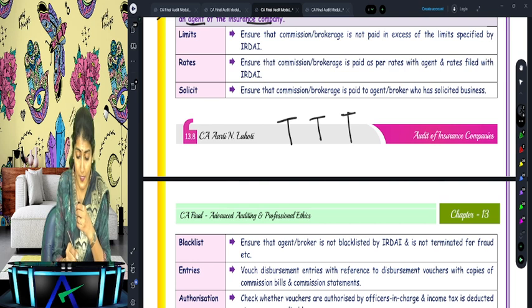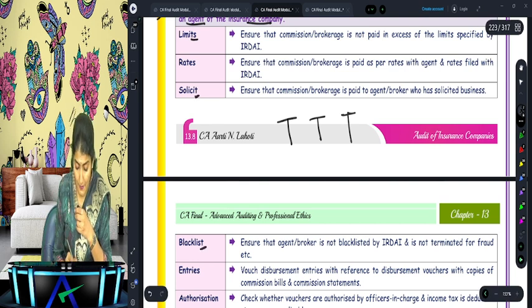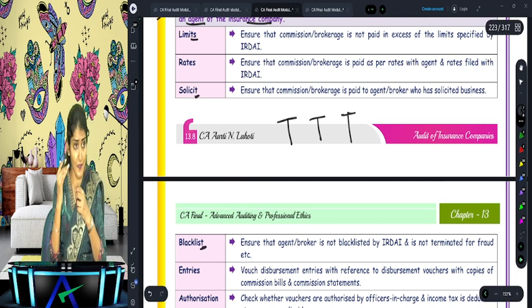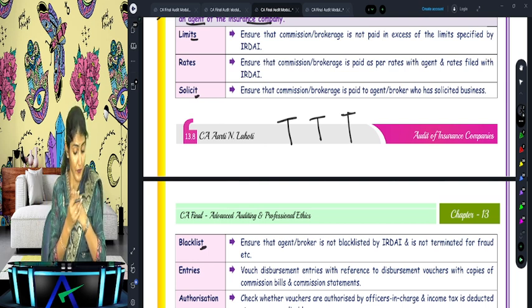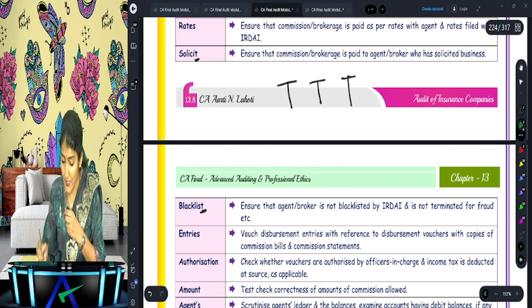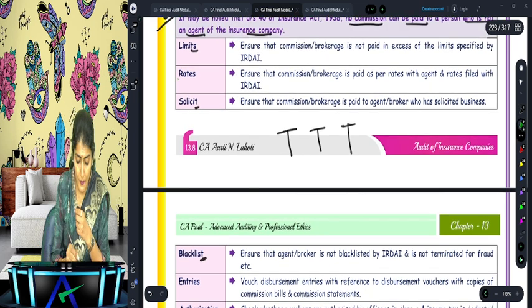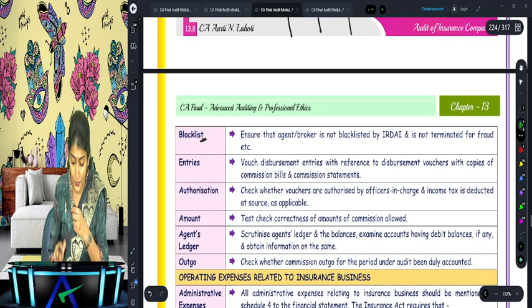So what do we say? Limit, solicit, and blacklist. Right, first 3 points over there. Then after that, obviously the commission has to be paid as per the rates which have been given by the IRDA. Then you need to check the entry.